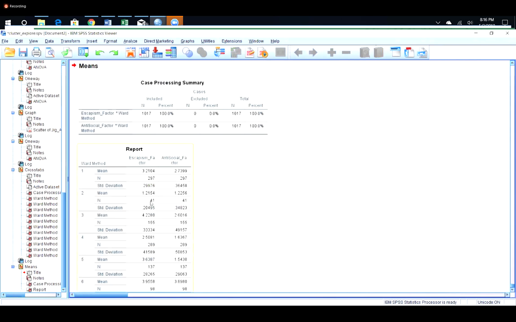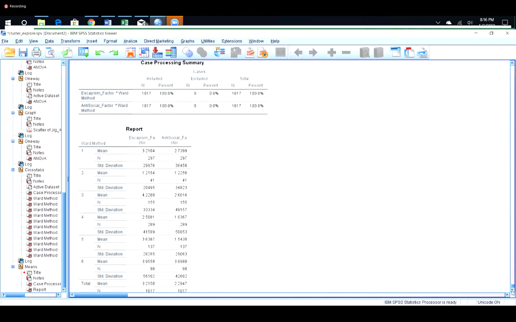Cluster number 2, which only had 41 in it, notice that the average for escapism and average for antisocial is very low. So, if I was trying to figure out good names for these, maybe this cluster, and I think it's the lowest on all of them, significantly below the average. So remember, the average for escapism was 3.2 overall, and then 2.2. And so cluster 2 is kind of the disinterested gamer. They're not high on any one of those particular factors.